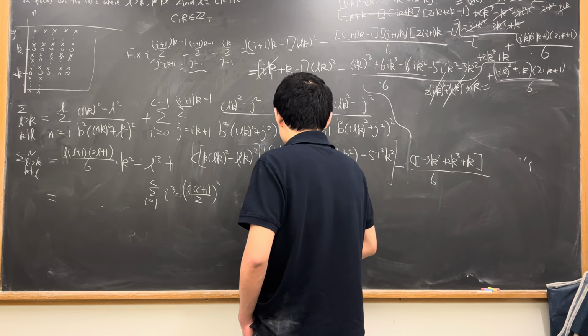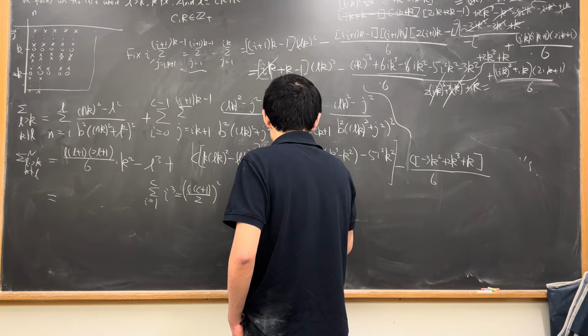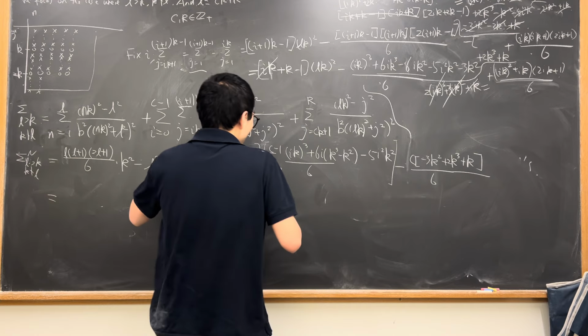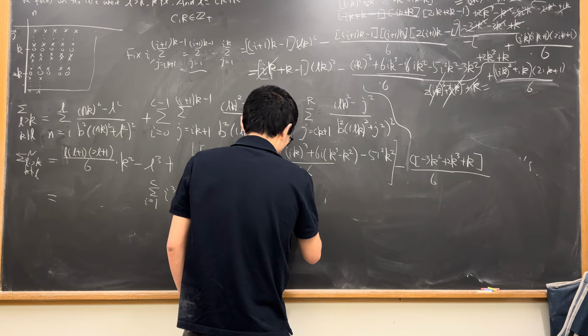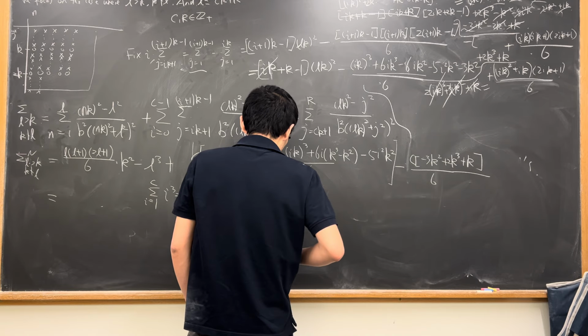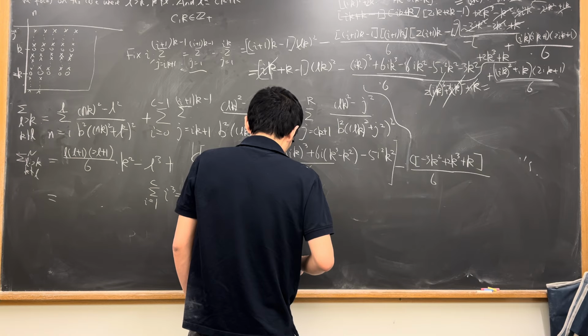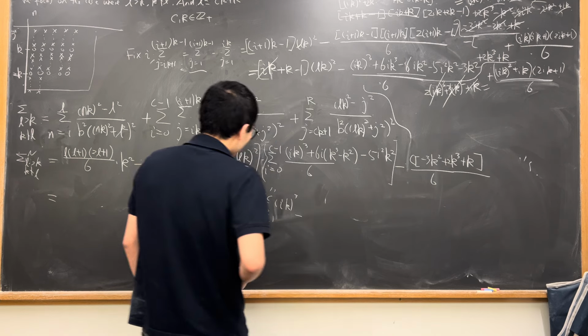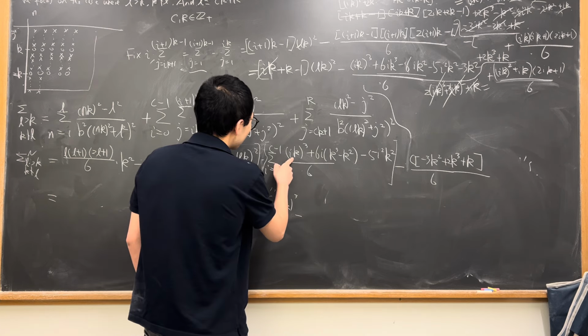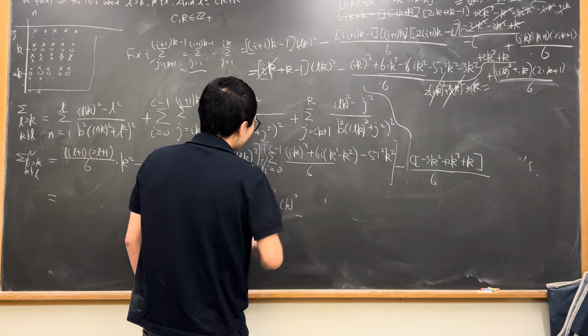Let me just analyze the case where the term is ik cubed. It's from 1 to c, because when i equals 0, this term is exactly 0.